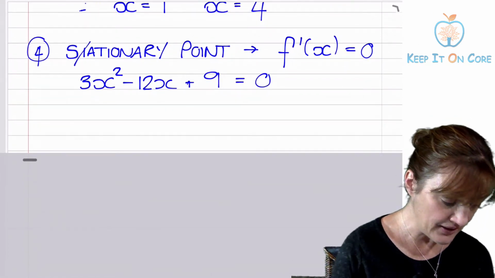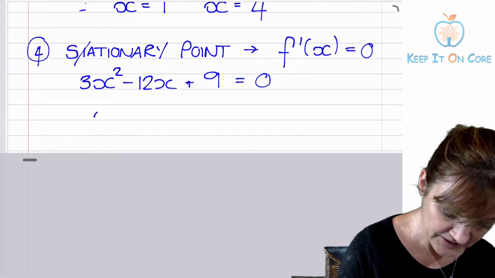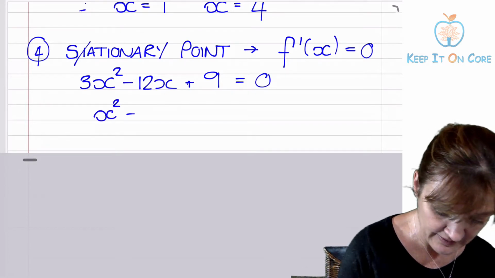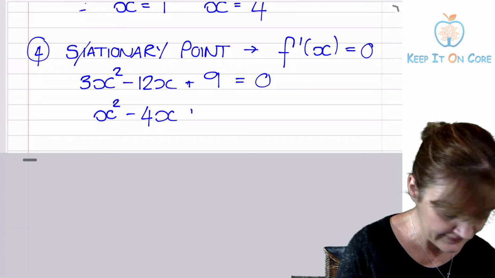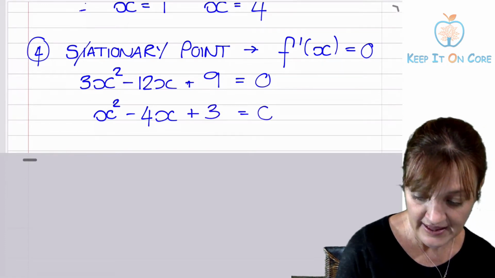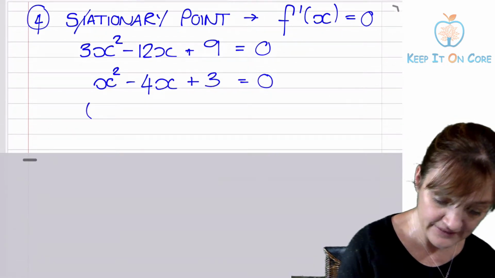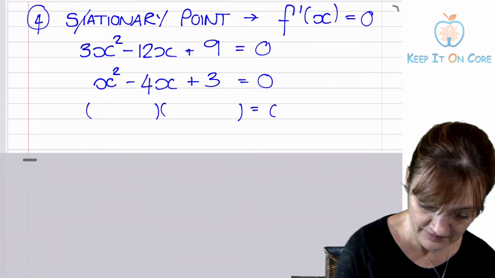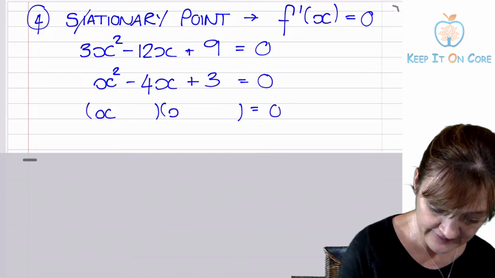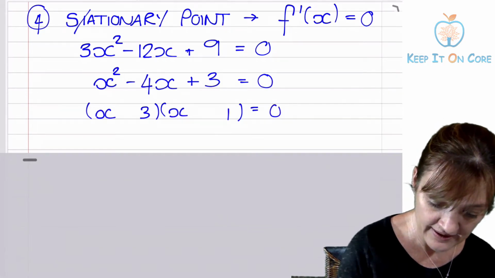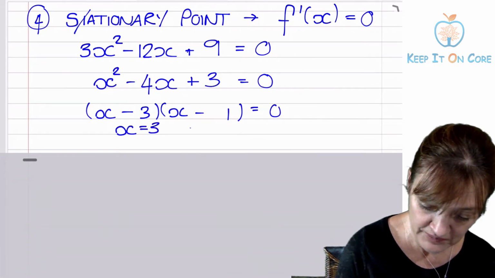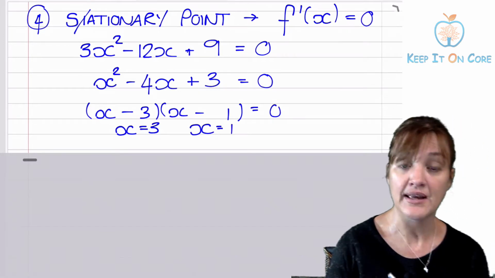You need to take out your highest common factor, which is going to leave you with x squared minus 4x plus 3, and you need to factorize the trinomial. All right, so we've got our x and our x, we've got 3 and 1, both negative. So the x coordinates of your turning points are 3 and 1.